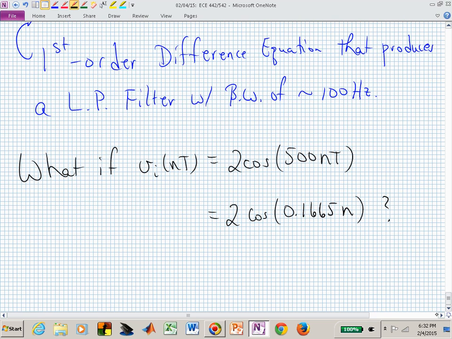What if we use that as v sub I of t, where I've used this argument in the cosine?